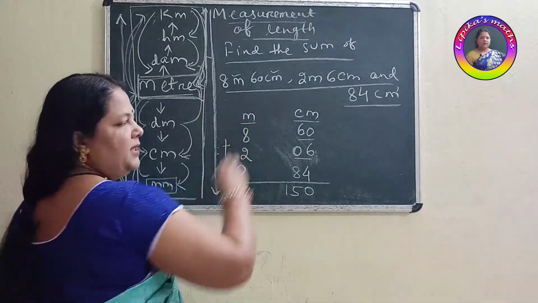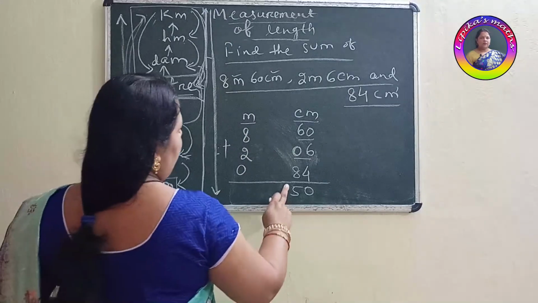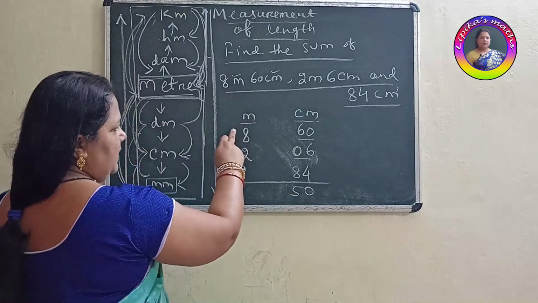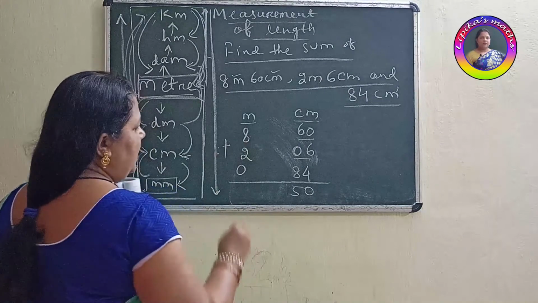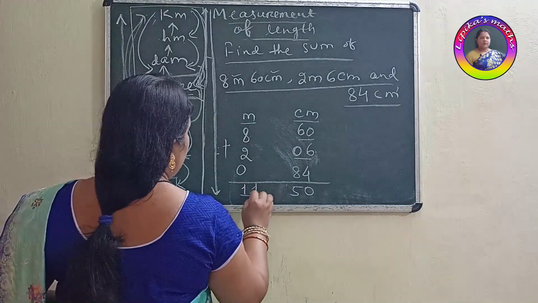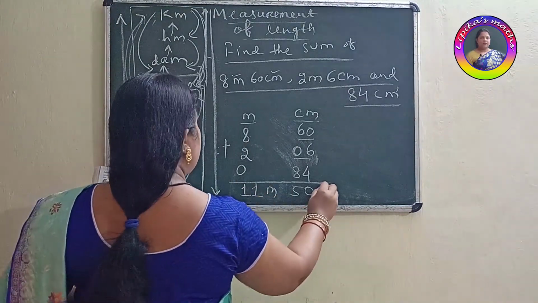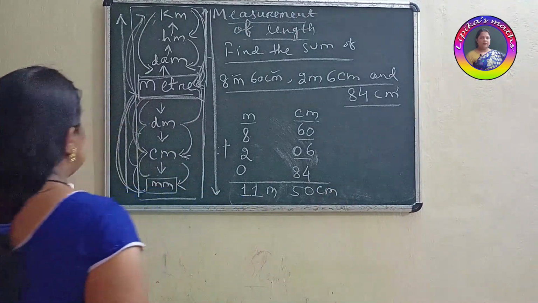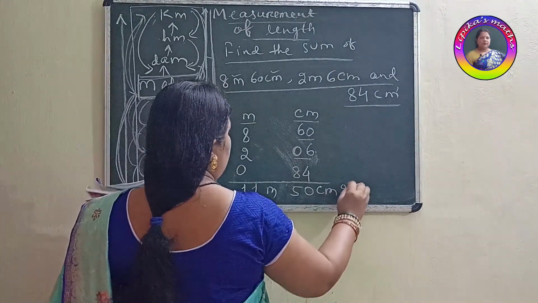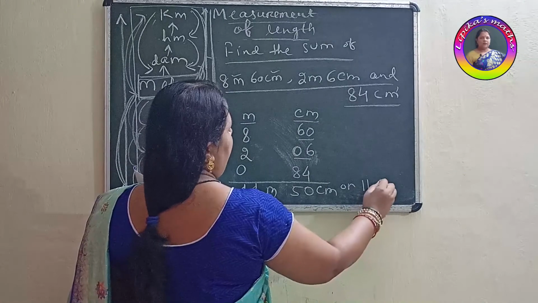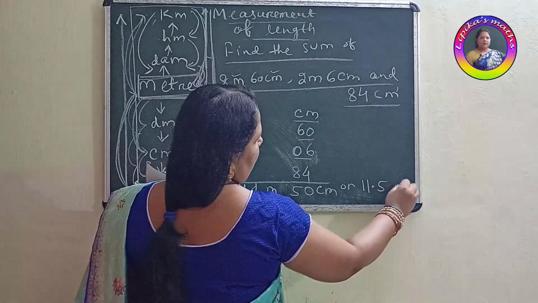Because 1 meter is 100 centimeter. Okay. So 1 will be carried forward to the meter place. 8 plus 2, 10 plus carry 1, 11 meter 50 centimeter, or you can write 11.5 meter.